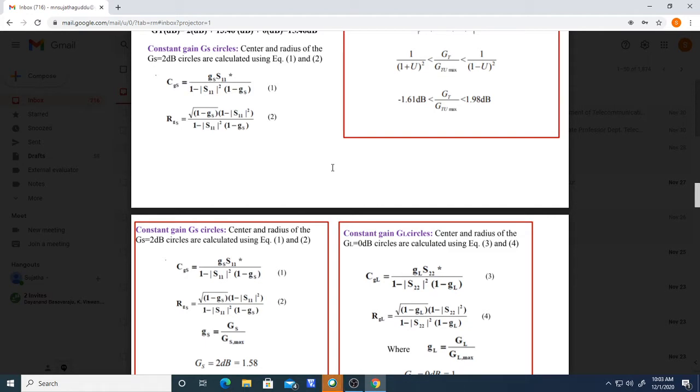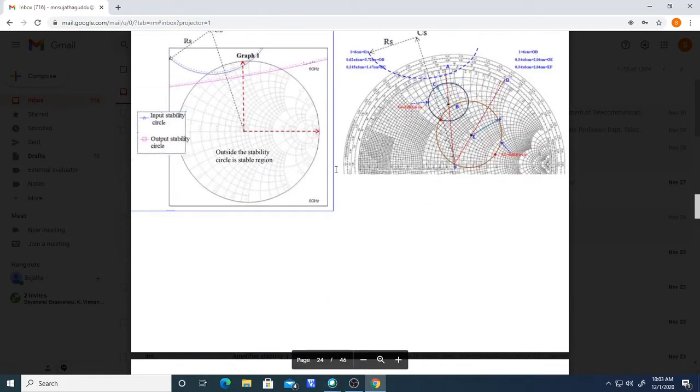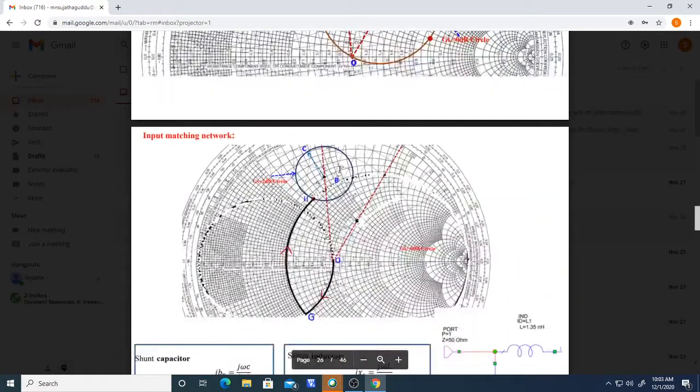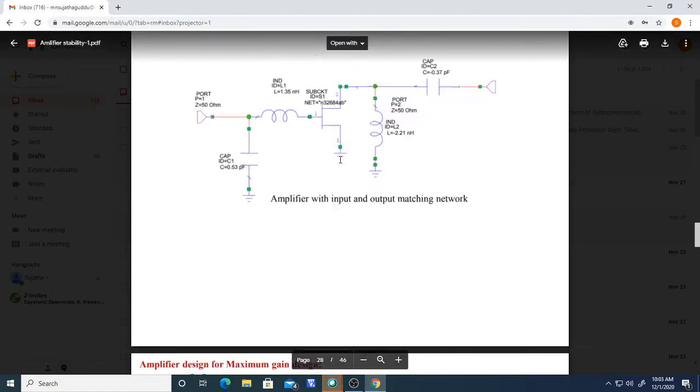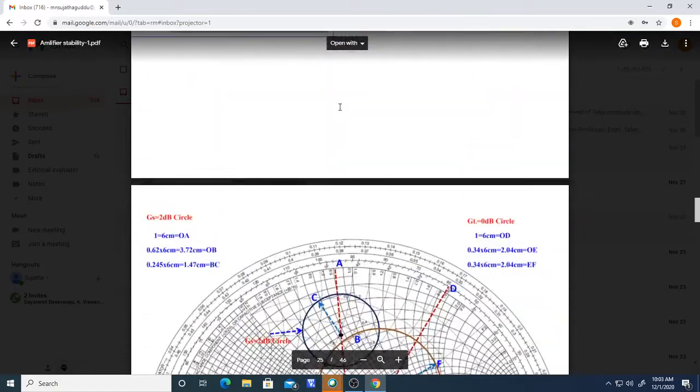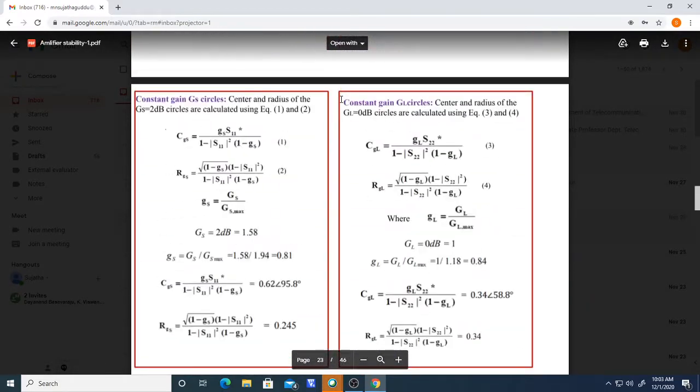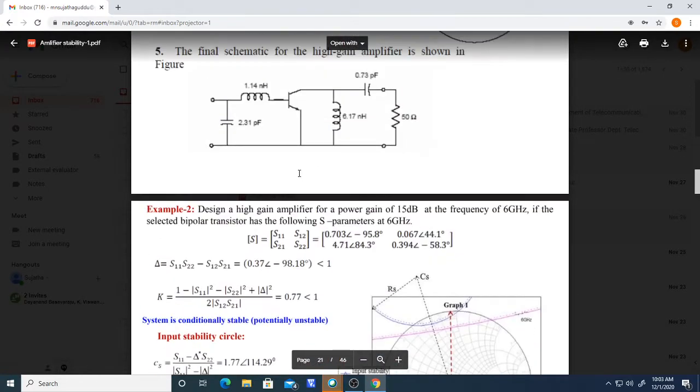In the high gain amplifier, they will specify the value of gain to be achieved from that device. How to do that particular problem, we discussed in the previous class.